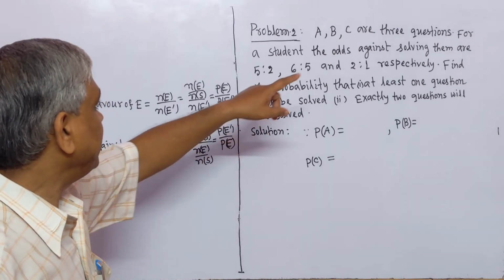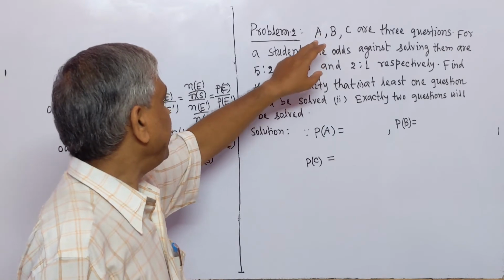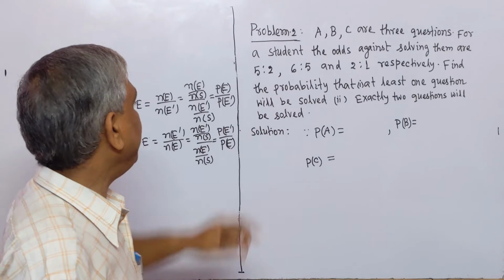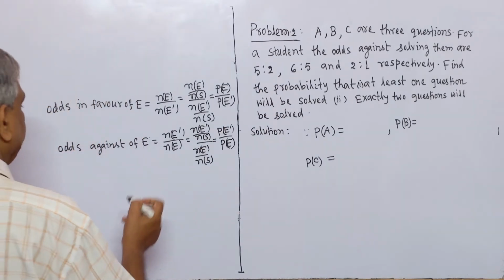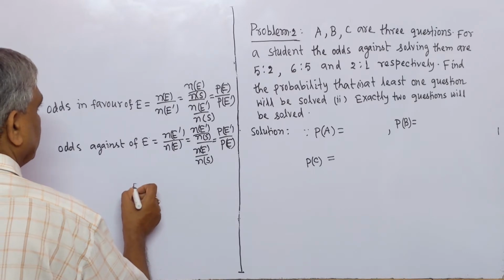Here it is given, to solve the first problem, A, odds against is 5 is to 2. That means odds against means 5 is to 2.